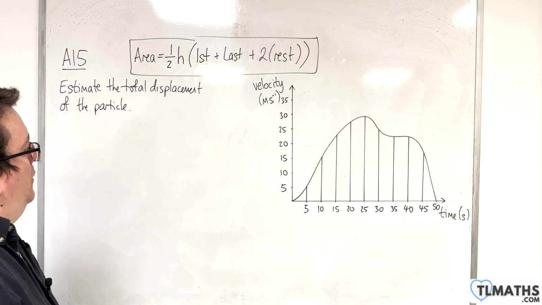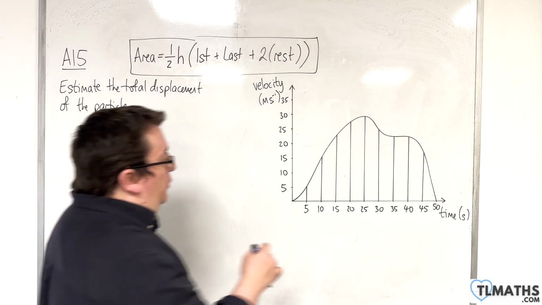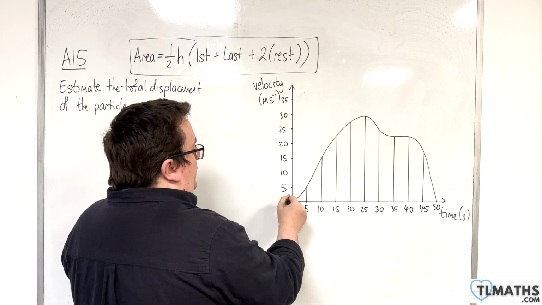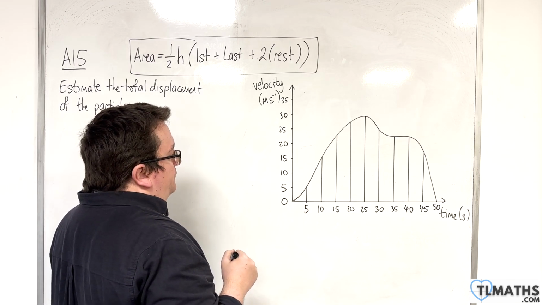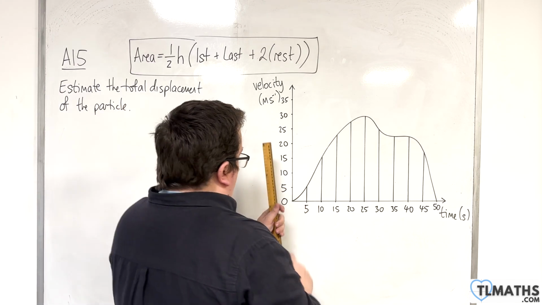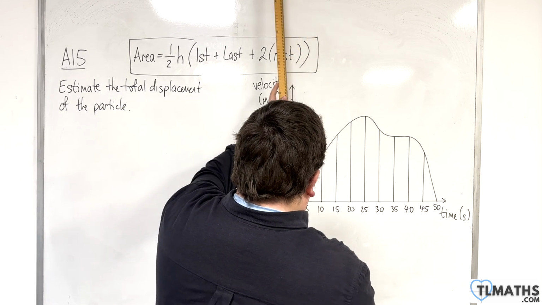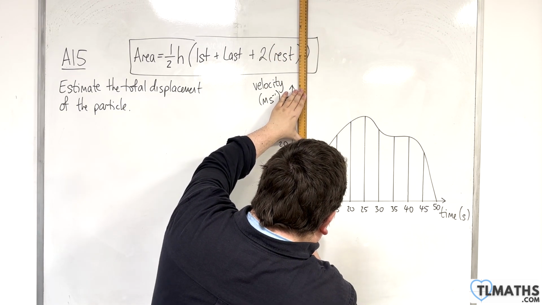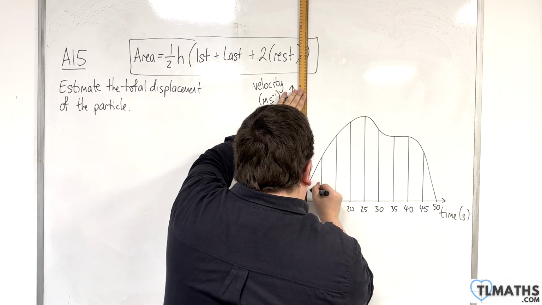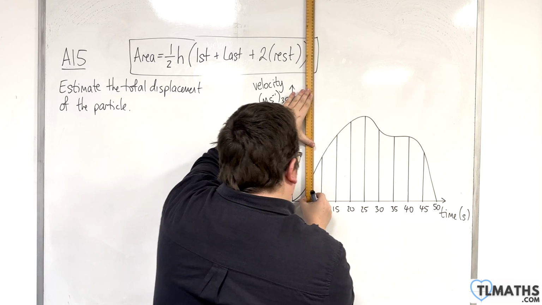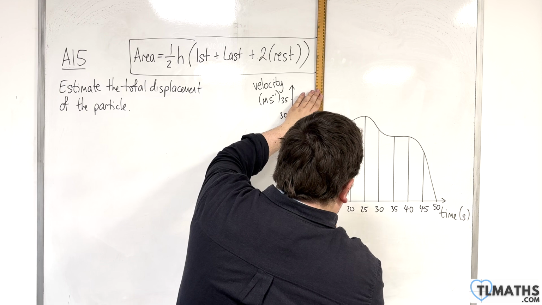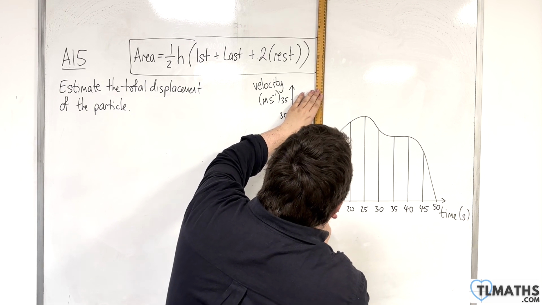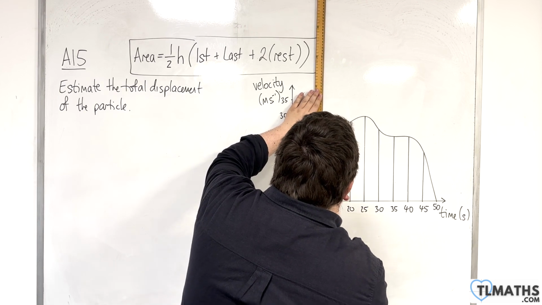So first of all, it starts at the origin. It starts at 0. Then I've got this length here, which is bang on 5. So that's 5. Next one is 15.5.